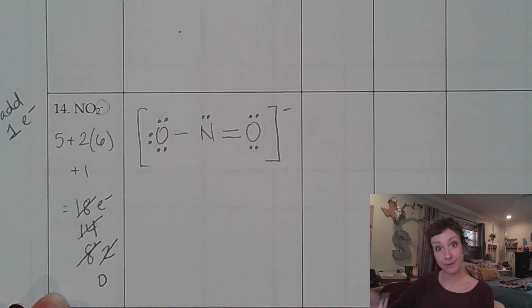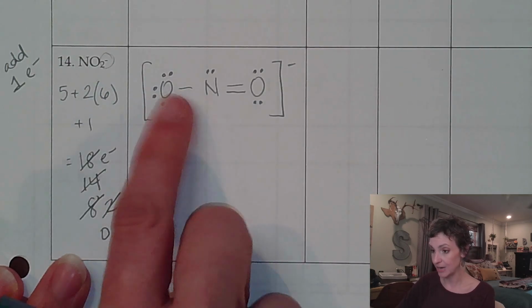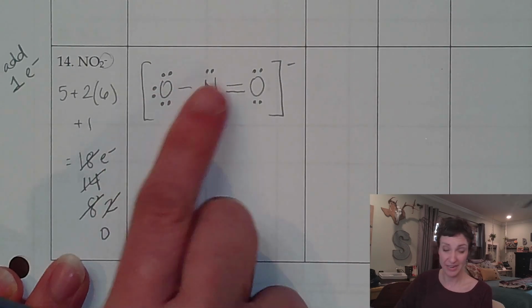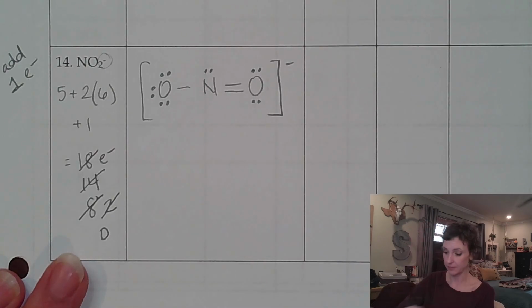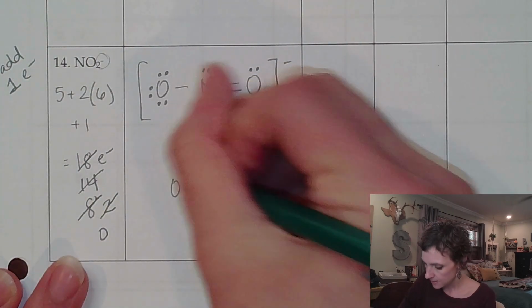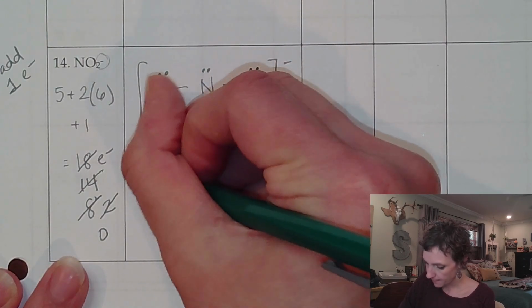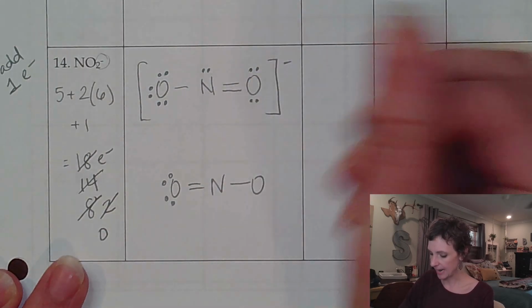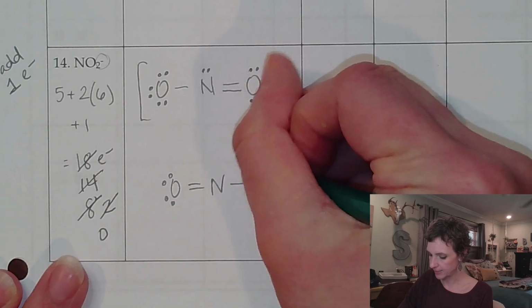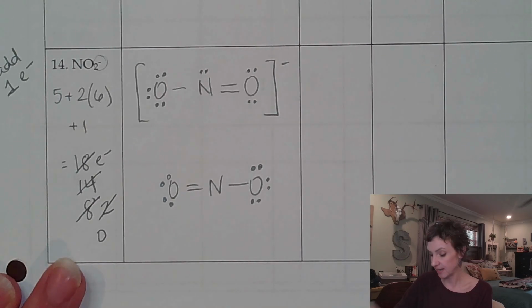I've got to draw another resonance structure. So my other resonance structure, I'm going to drop it down right here, showing the double bond over there, which means the oxygen connected to the double bond will now only have 2 pairs of electrons. Right? And then this other guy is now connected with 1 bond, which means he will have 3 pairs of electrons to himself.